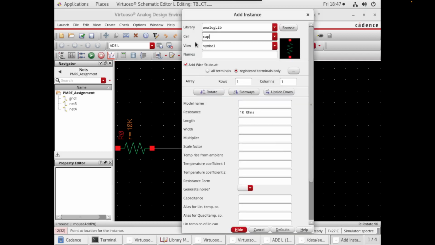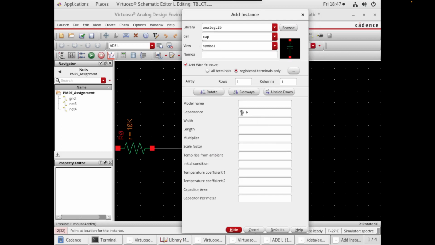Then we have the capacitance, and the capacitance value that we found was 0.159 picofarad.